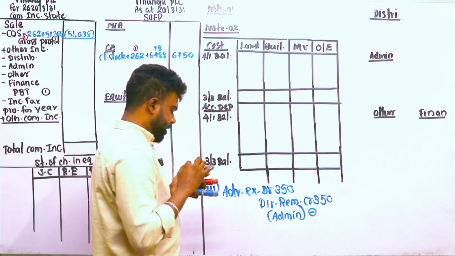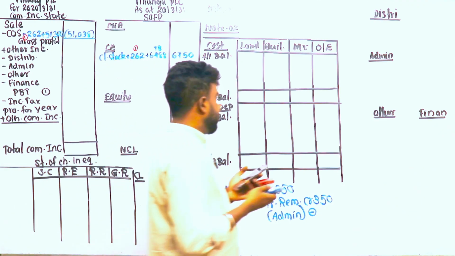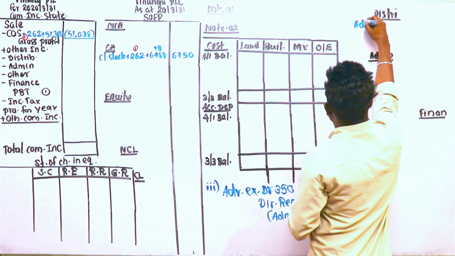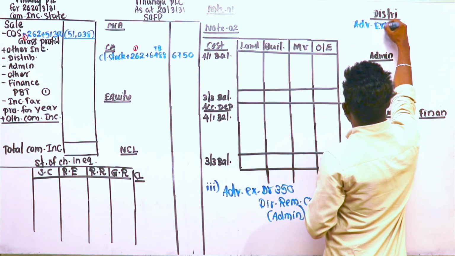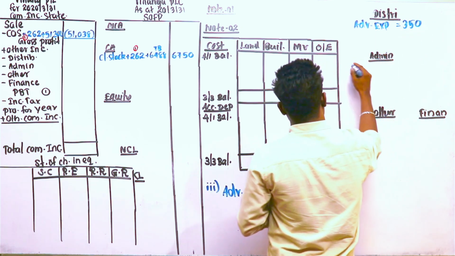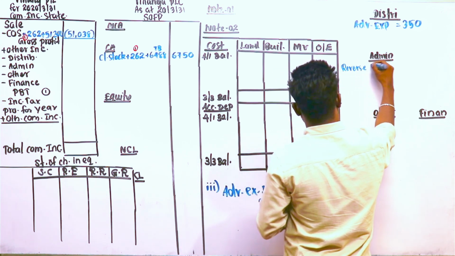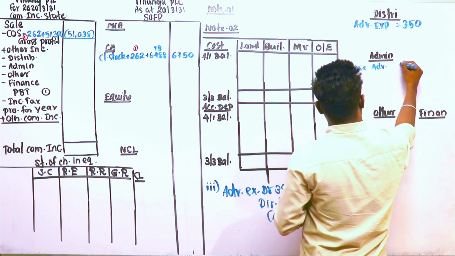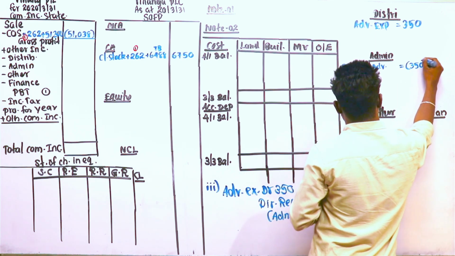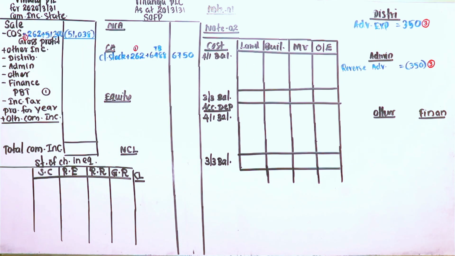Debit entry here, distribution. Debit advertising expenses 350, deduct from admin, reverse 350.